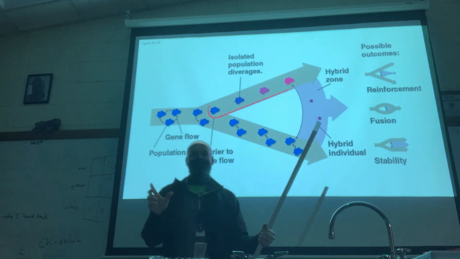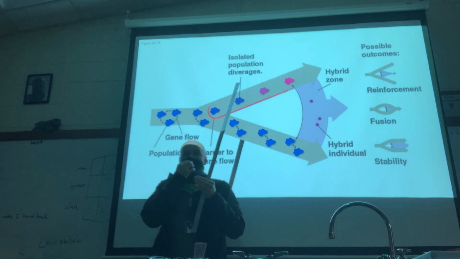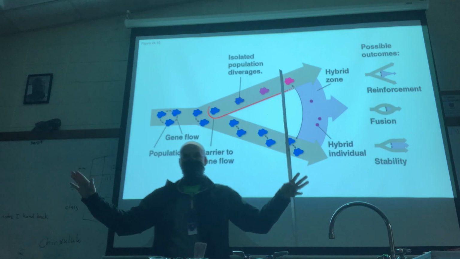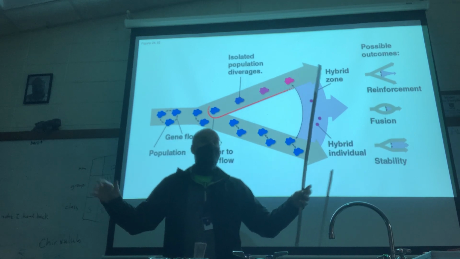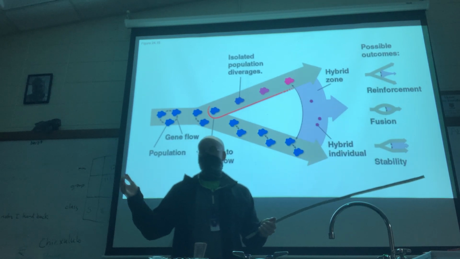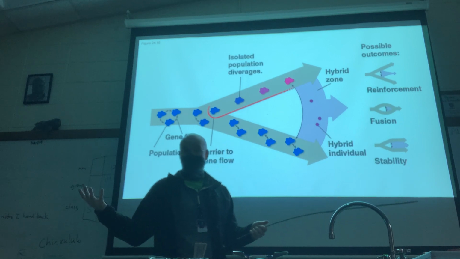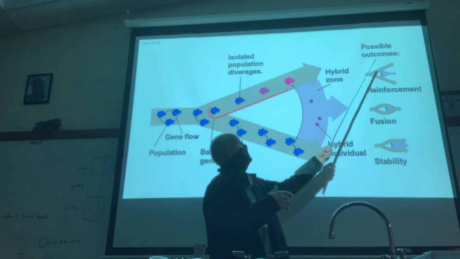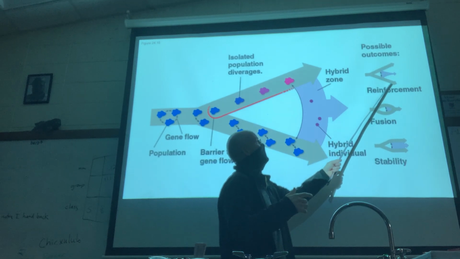Sometimes these hybrid zones actually help to further isolate the two parent populations from each other. And I don't know in the toad example if we know yet what the result is, but you have the red and the yellow variety.